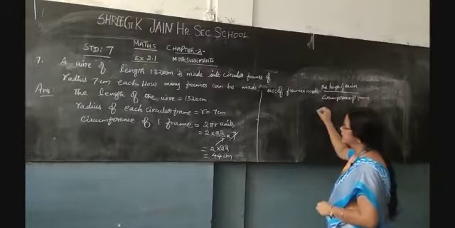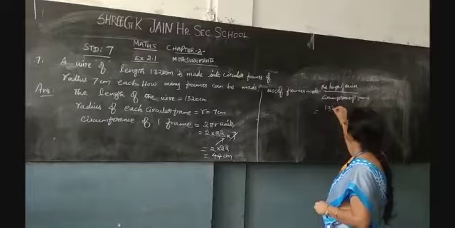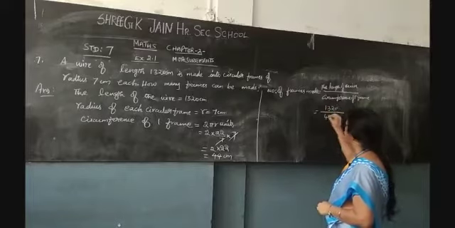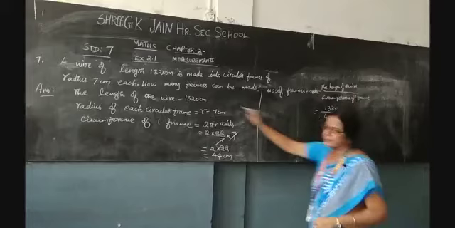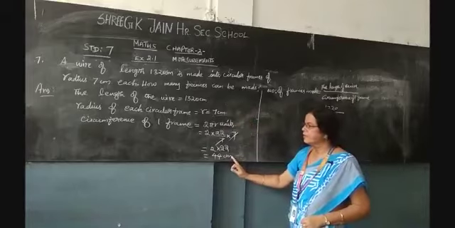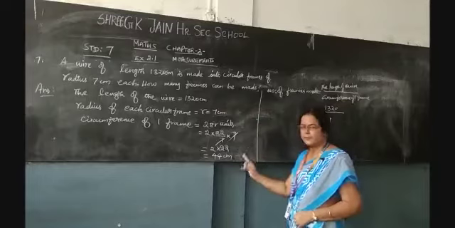So how much will you get? 1320 divided by 44. The length of the wire is given as 1320 centimeter, and the circumference of one frame we got is 44.